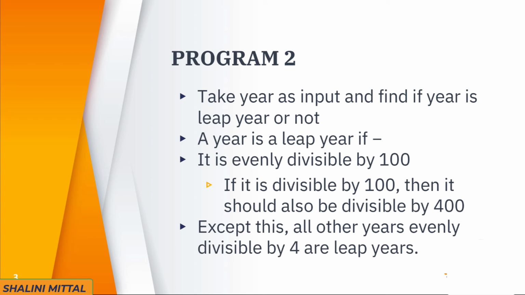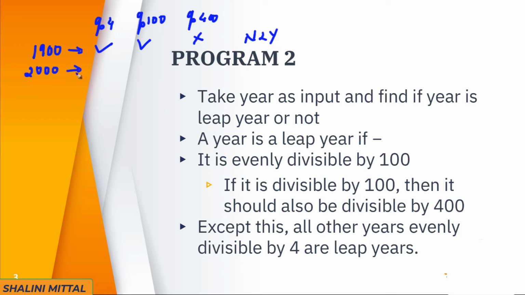What do I mean by this is, see, if I say, for example, 1900, okay, now divisible by 4, yes, divisible by 100, yes, divisible by 400, no, it's not a leap year, okay. 2000, divisible by 4, yes, 100, yes, 400, yes, it's a leap year. 1996, divisible by 4, yes, by 100, no, hence of course not by 400.